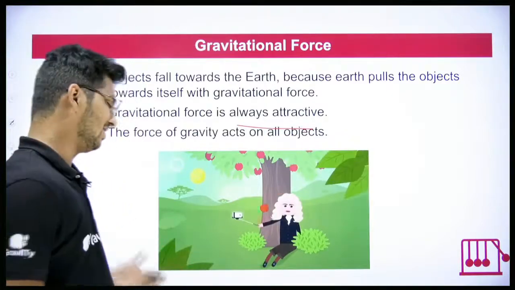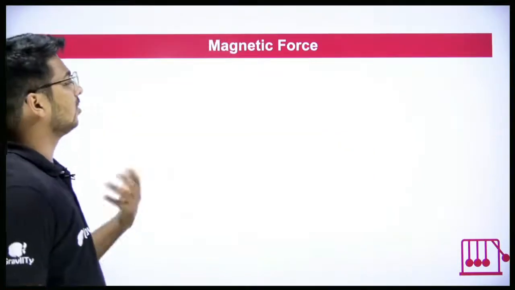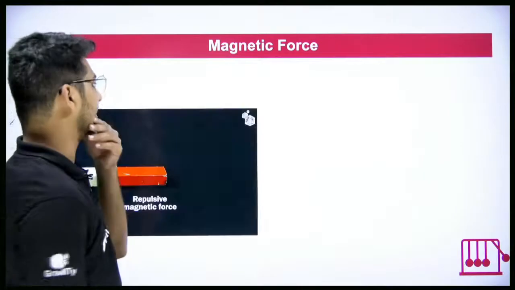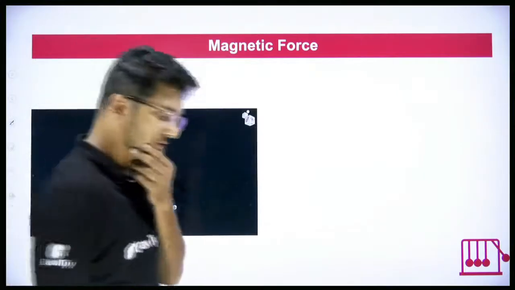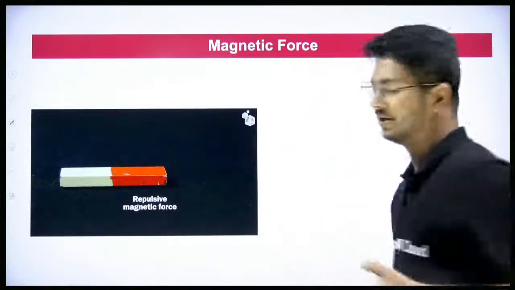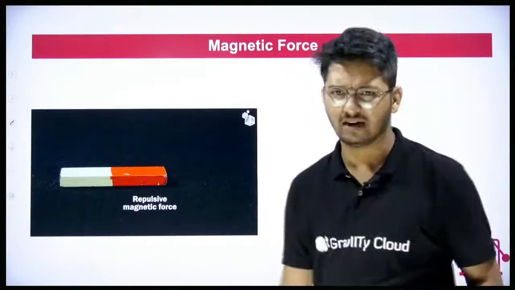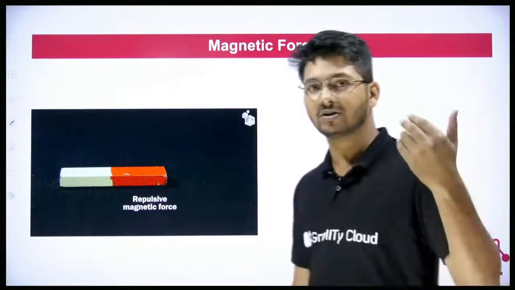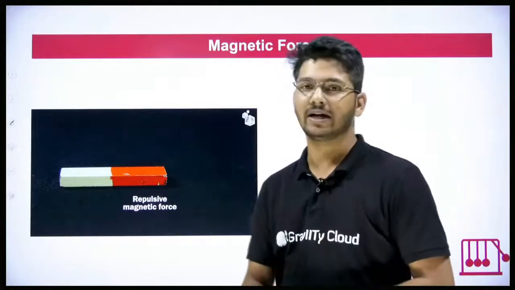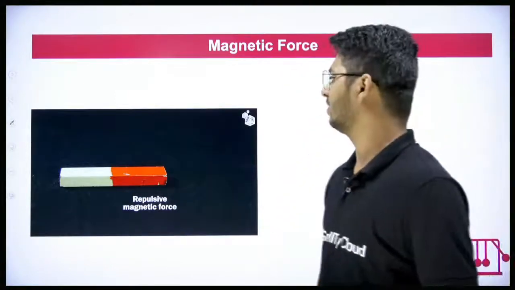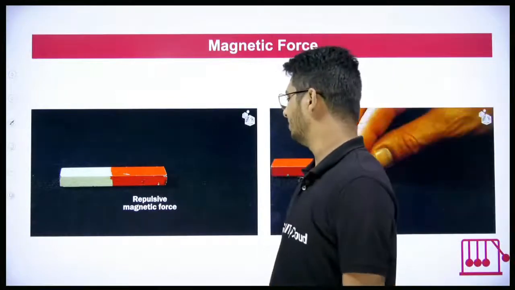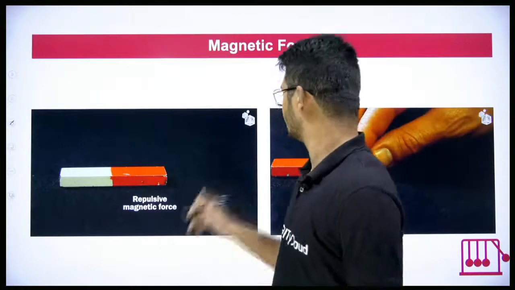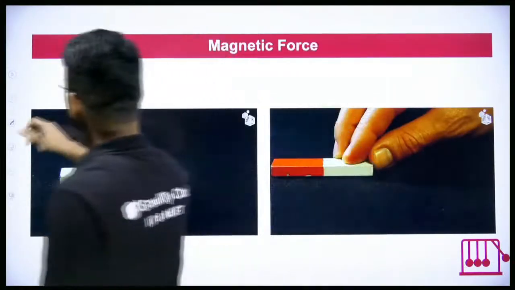Interesting, right? Then we will go into magnetic force. What is magnetic force? For that, obviously look at these videos. Magnetic force is the force between two magnets, or force exerted by a magnet, in simple terms, right? So here look at this interesting video.